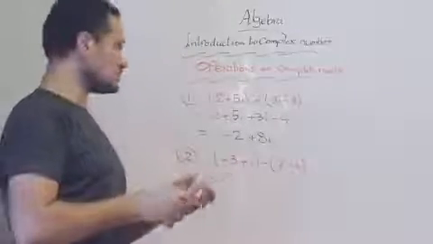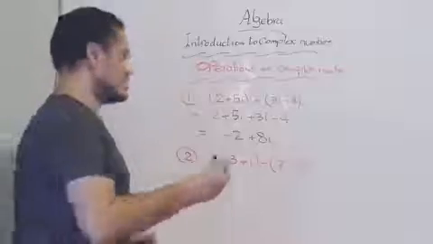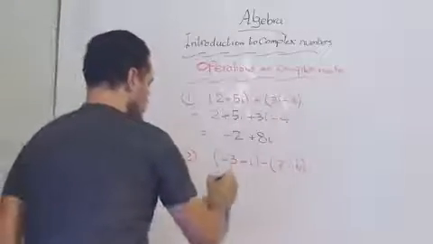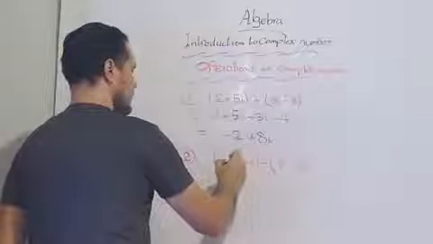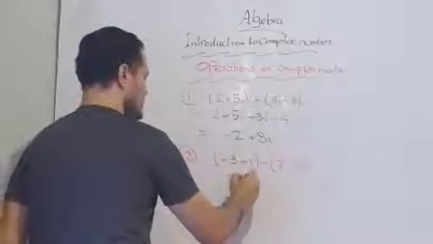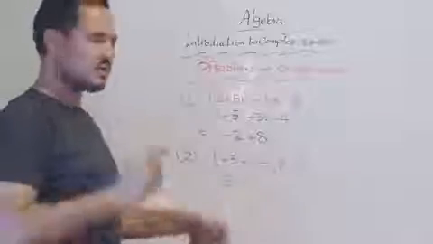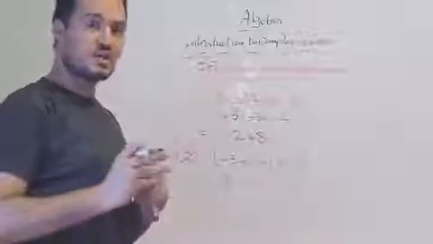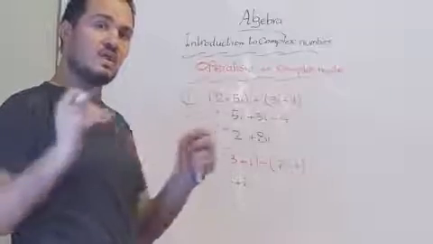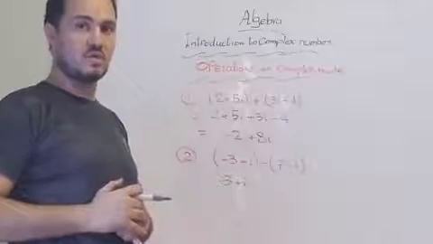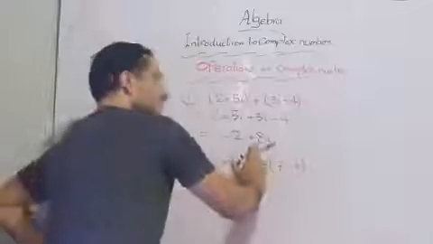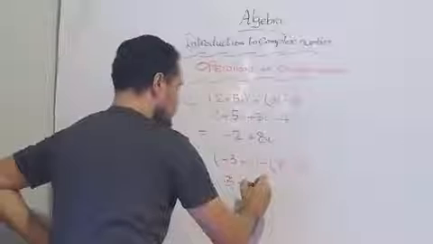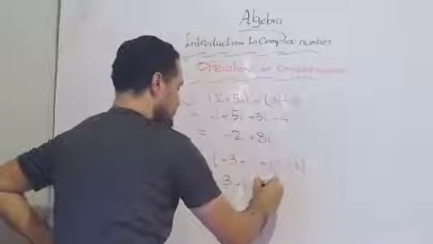Okay, let's erase the brackets. The first bracket will be erased with no problem: negative 3 plus i. The next one: a negative before any bracket will change the signs inside the brackets. So the positive changes to negative: negative 7.